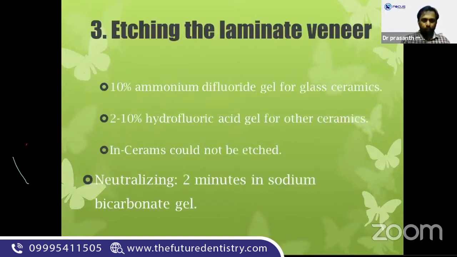So etching of the laminate veneer is done with hydrofluoric acid, and in order to neutralize that acid, you can wash it off with water, or you can place sodium bicarbonate gel over the surface to neutralize it.